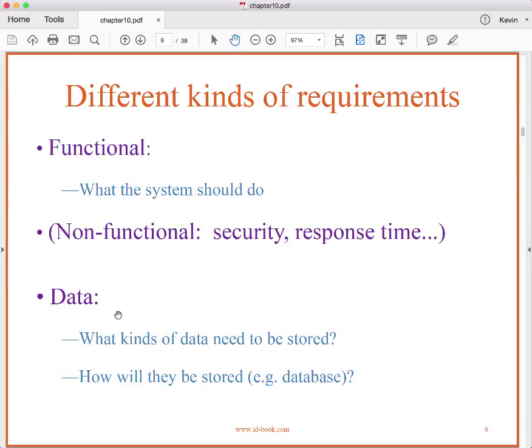One could argue otherwise, and certainly the authors do. Okay? So if you look at the responsibilities here, we're saying there are three kinds: to do, functional; to perform, non-functional; and to know, data.